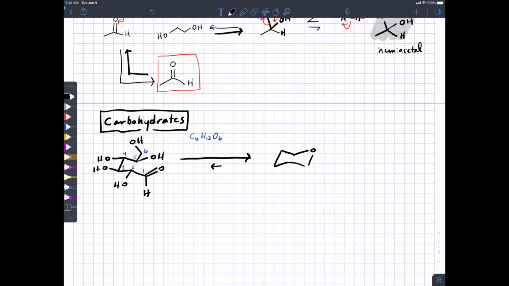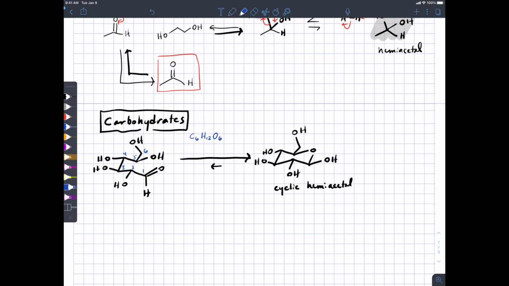And when it does, after the appropriate proton transfer steps, you get this closed chain structure that looks like this. So this is the cyclic form of glucose. We will call this a cyclic hemiacetal.